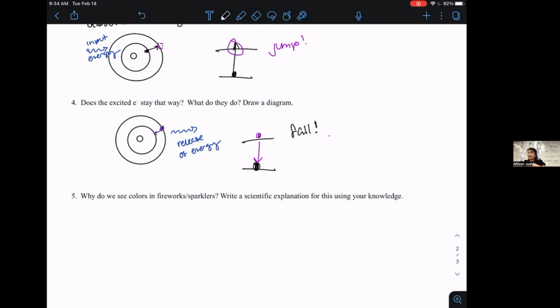Jumping. Yes, the atoms in that chemical mixture have electrons inside of them that are jumping, from the explosion. The explosion is the main source of energy. Boom. Then when they explode, where's your source of energy now? It's tapped out, you used it. So what happens after you jump?